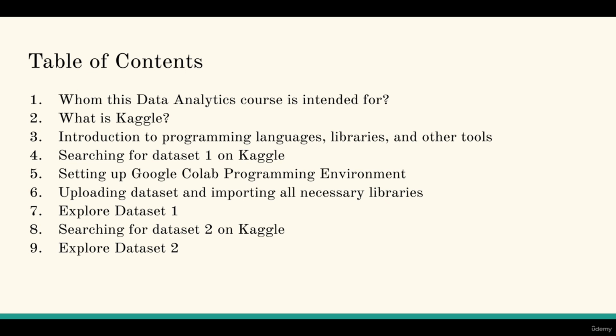And 8 is actually a repetition of point 6, so we're gonna be doing the same. We're gonna be looking at the second dataset on Kaggle, and then point 9 is the exact same thing. We're simply going to do the statistical analysis, performing our data analysis on dataset 2.